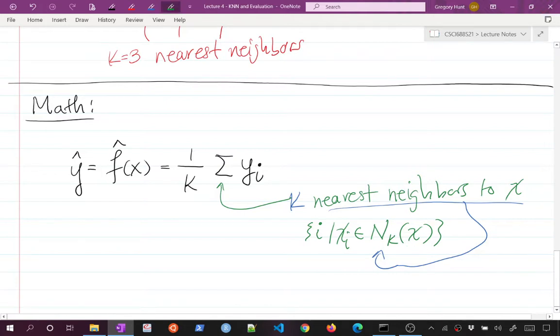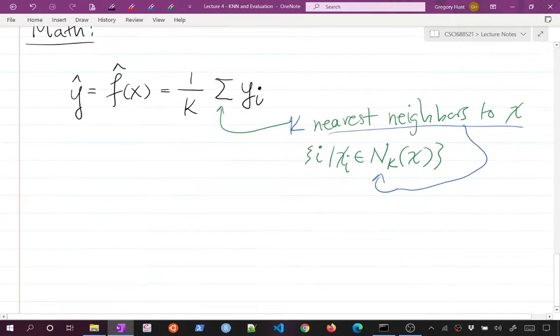But you could write it this way: the average of the yi's, my training y's, where i ranges over all the i where the corresponding xi is one of the k nearest xi to x. And it's a bit cumbersome.